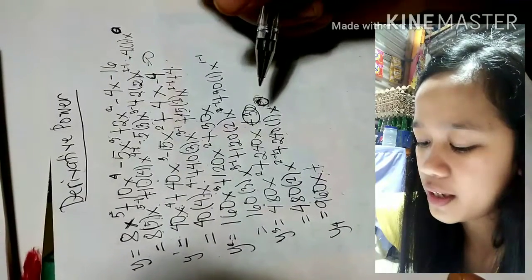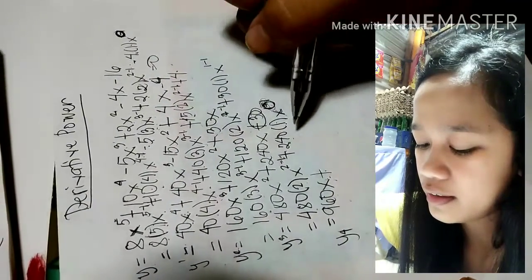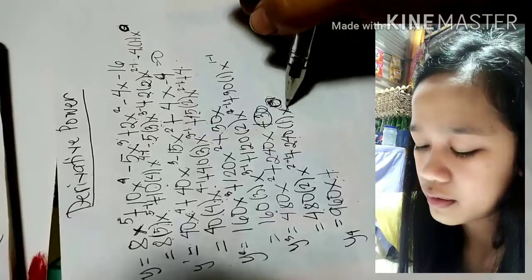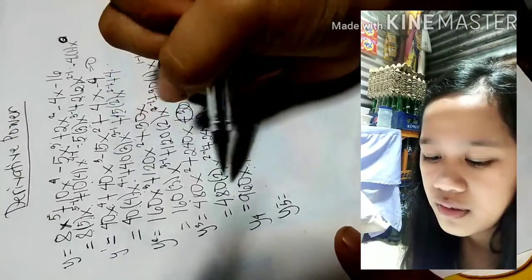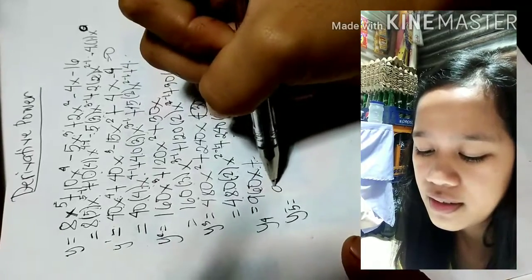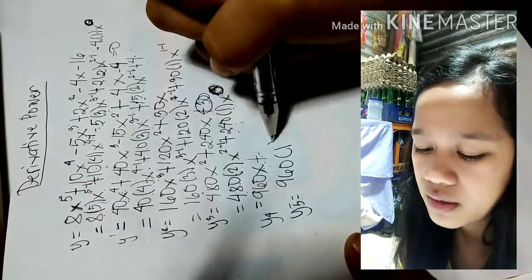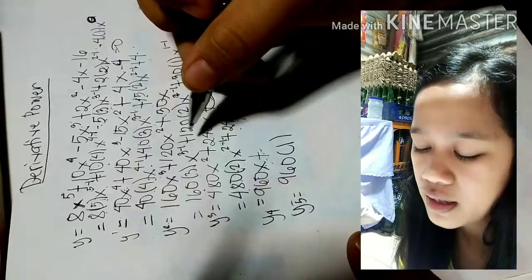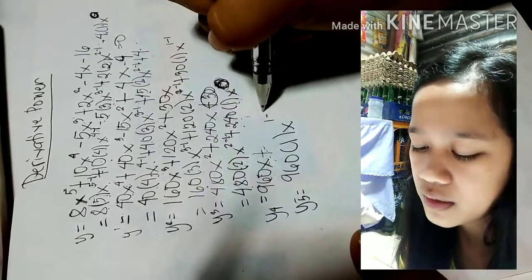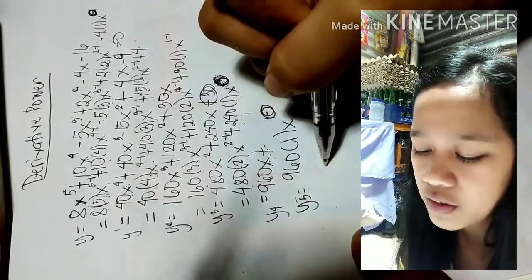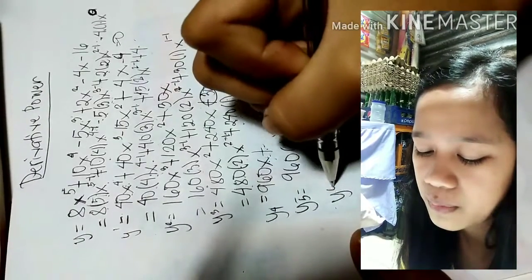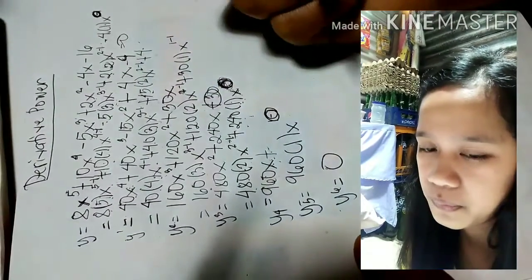So 240 became a constant and it will be 0. So 960 times 1 equals 960, x to the 1 minus 1 equals 0. So 960 became a constant and will be 0.